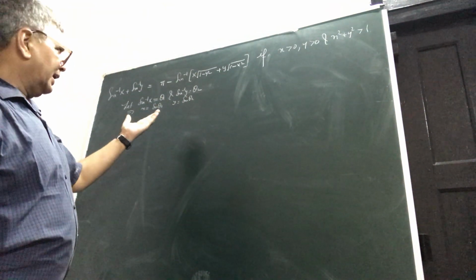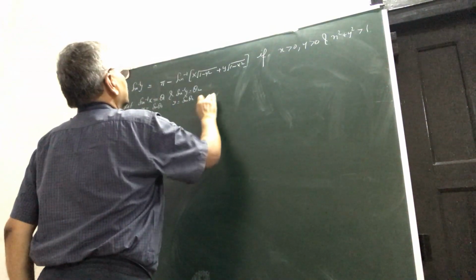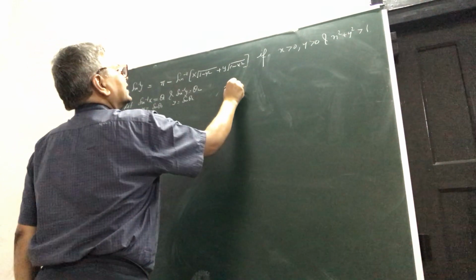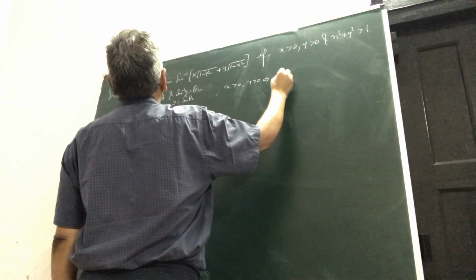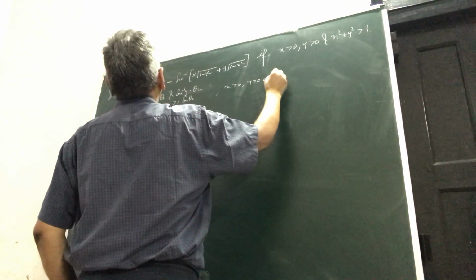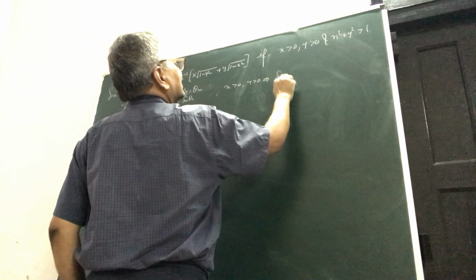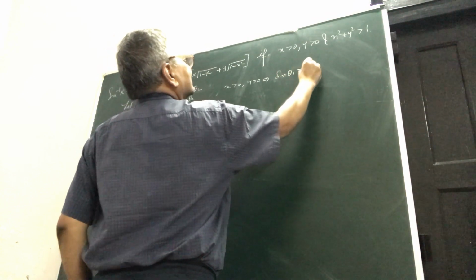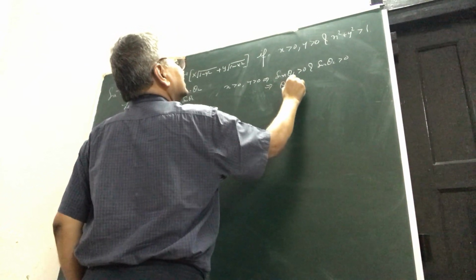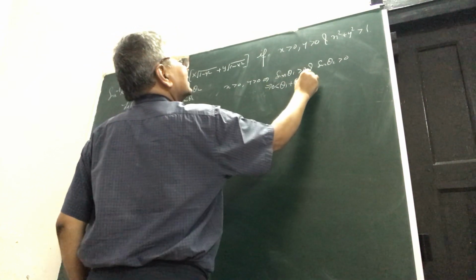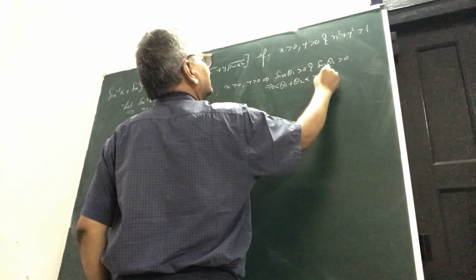So theta 1 plus theta 2 will be positive. Now see one thing you can show, x is greater than 0, y is greater than 0. This implies what? Let me write, sine theta 1 is greater than 0 and sine theta 2 is greater than 0, implying further that theta 1 plus theta 2 is greater than 0 and this is less than what? Pi by 2 plus pi by 2.